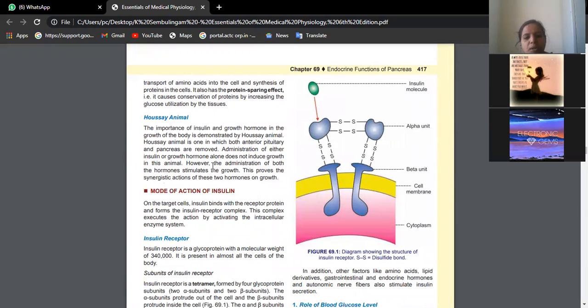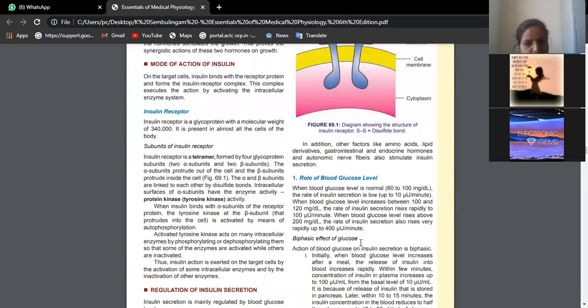We can also demonstrate by removing both the pituitary and the pancreas in experimental animals and then checking for growth. Basically the growth will be retarded. Generally we don't do such experiments; nowadays those are all banned.